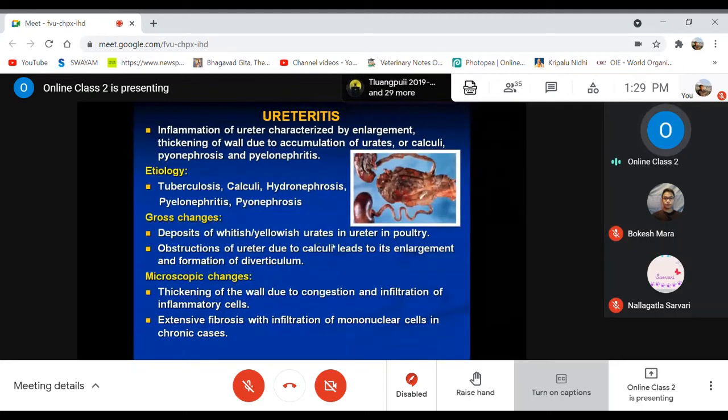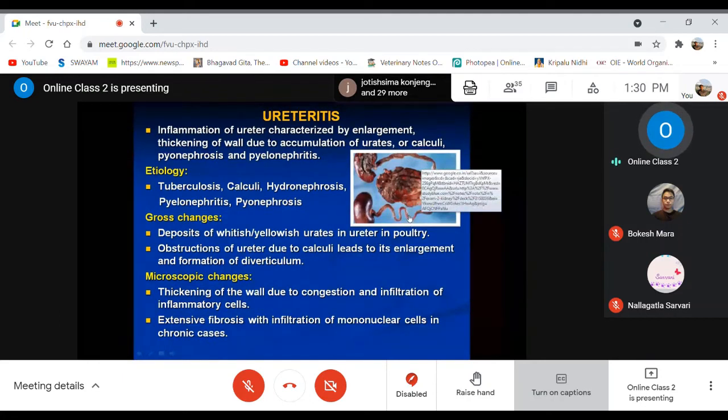These are mostly urates in the ureter in avian species like poultry. There will also be obstruction of the ureter when there are renal calculi, leading to enlargement and the formation of diverticulum.